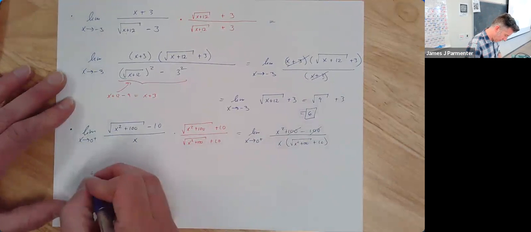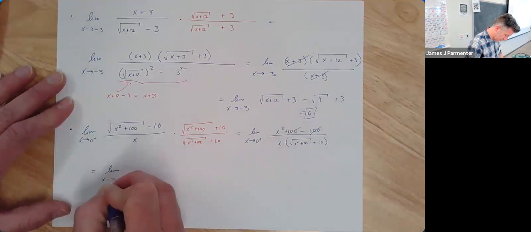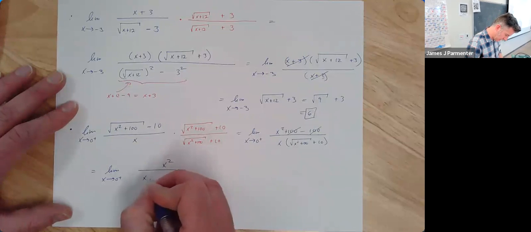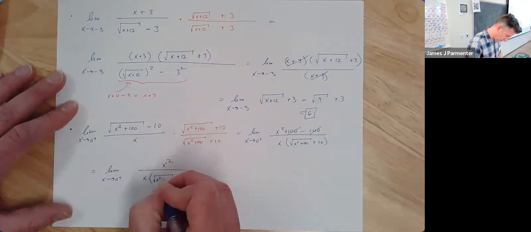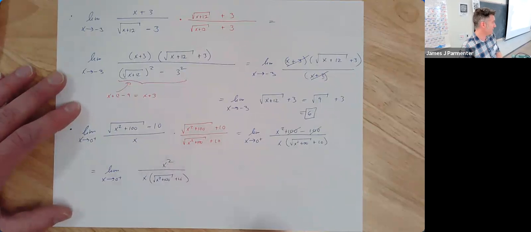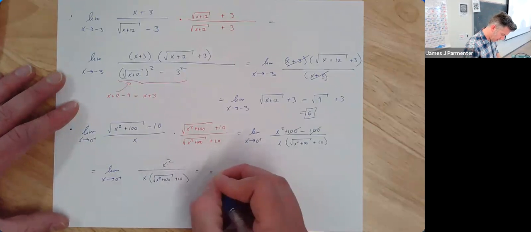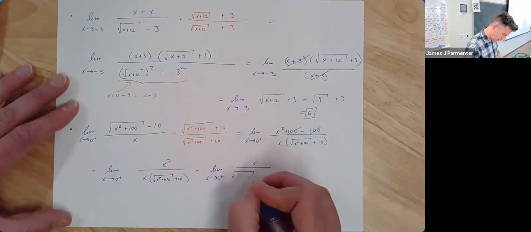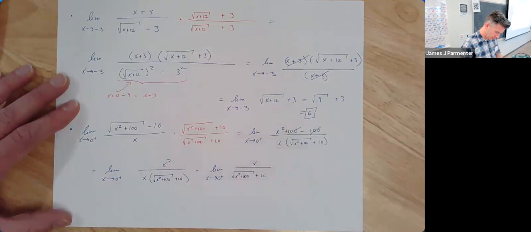And then I'm left with the limit as x approaches 0 from the right of x squared over x times the square root of x squared plus 100 plus 10. And then x squared over x, I can cancel an x and get the limit as x approaches 0 from the right of x over square root of x squared plus 100 plus 10.